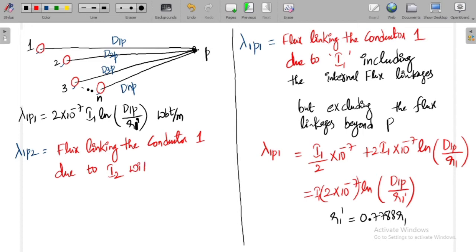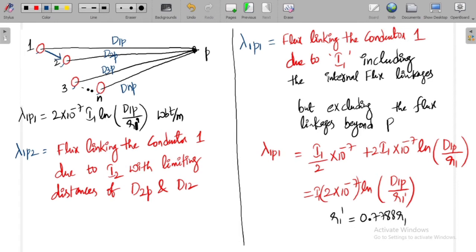It is the second flux, because when there is a group of conductors and there is a flow of current through each and every conductor, the flux linking a particular conductor is nothing but the sum of all the fluxes produced by the remaining conductors, right? Now what are the limiting distances for this second flux linkage? One is d2p and another one is d12.